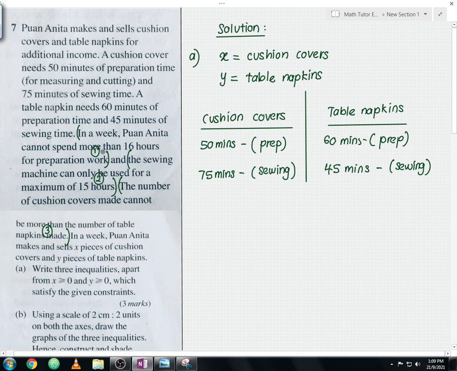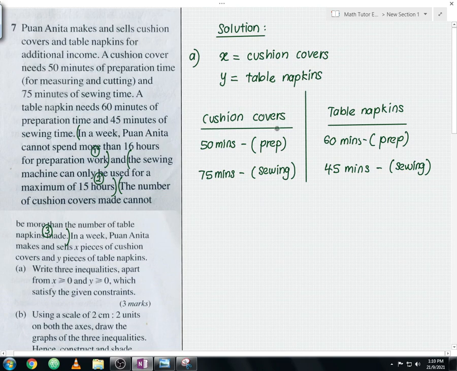So let us begin with constraint 1. It mentioned that in a week, Puan Anita cannot spend more than 16 hours for preparation work. Preparation work, as you can see here, has 50 minutes for cushion covers and 60 minutes for table napkins. As you know, cushion covers represent the X variable and table napkins represent the Y variable.